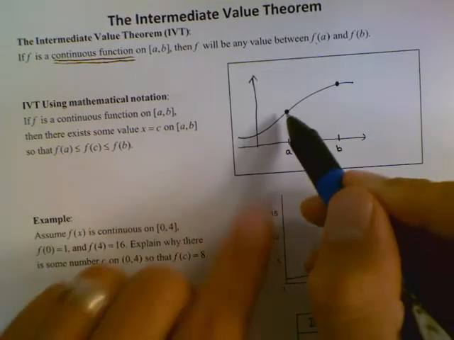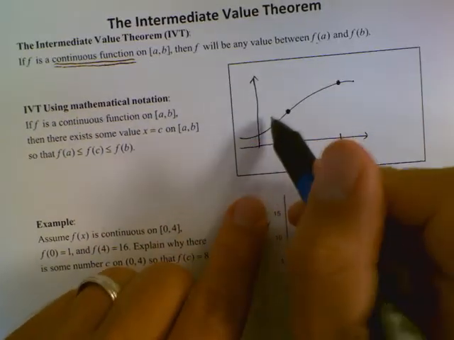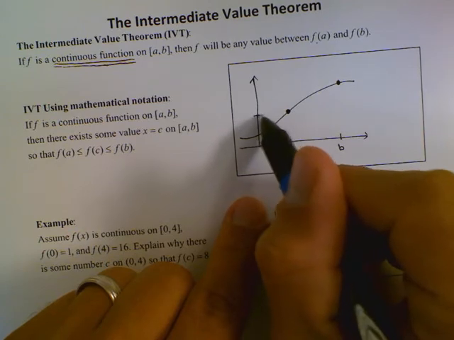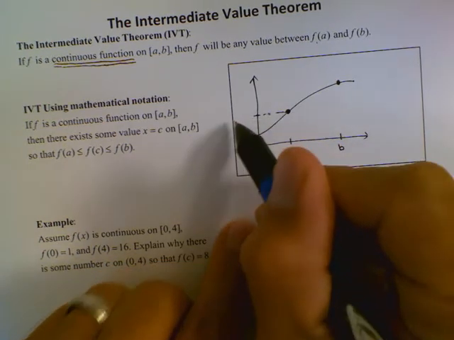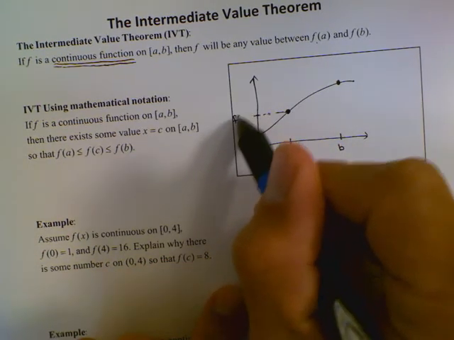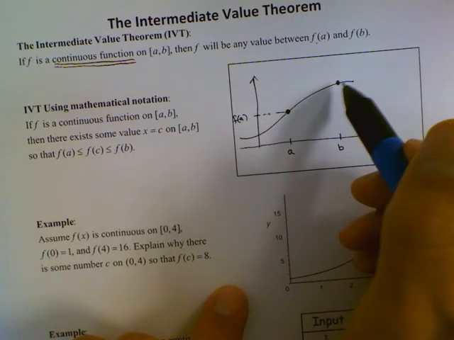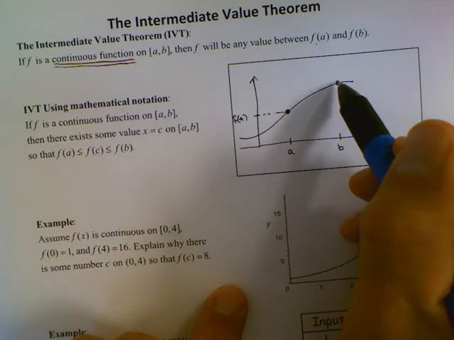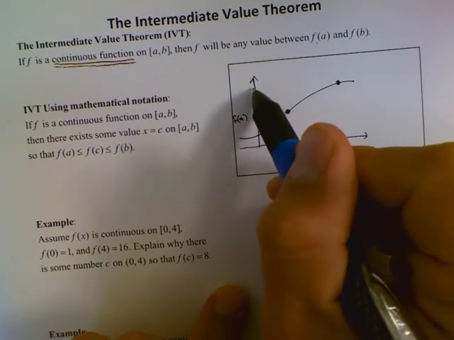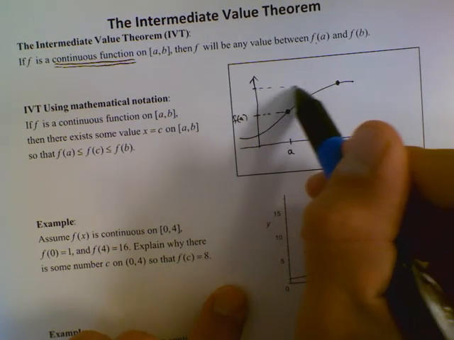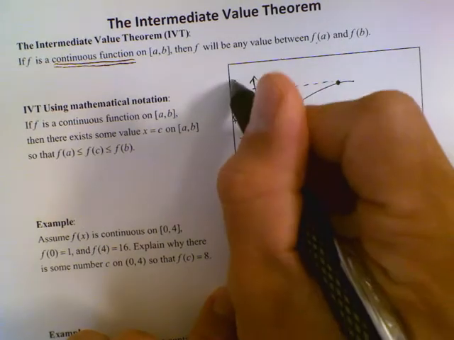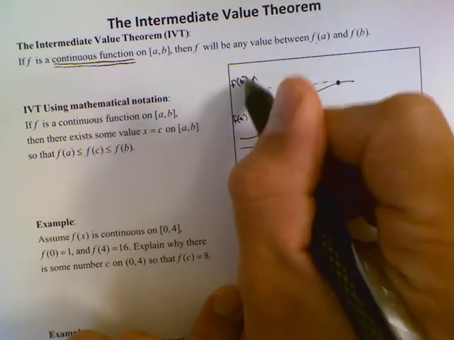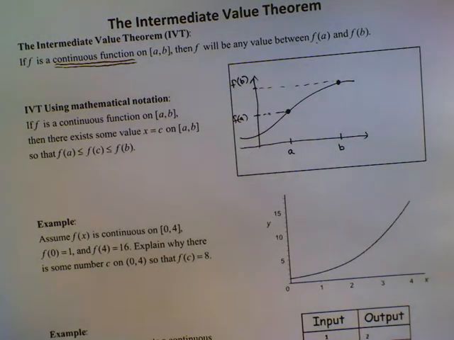So this coordinate would be a comma f of a. So this value on the y-axis would just be f of a. And if we substitute in b, then this point would be b comma f of b. So that means that f of b would be at that y value.